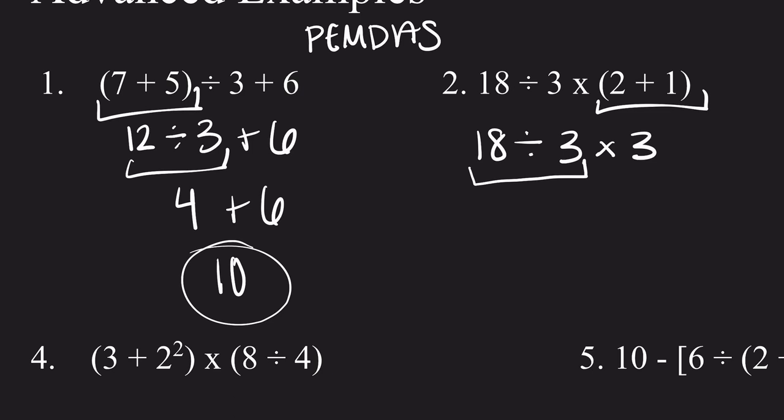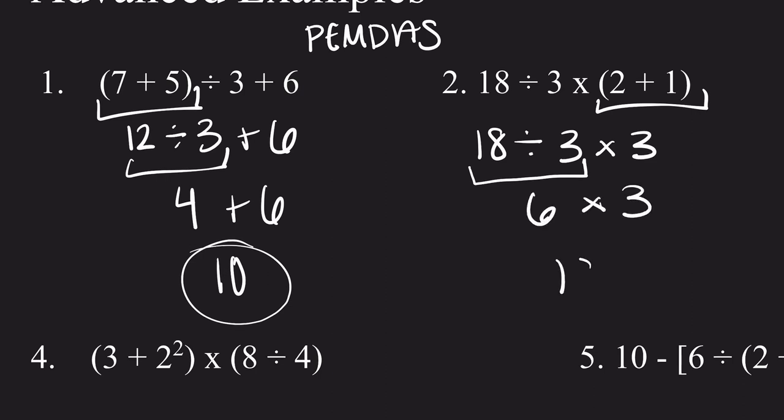So again, because we have just division and multiplication, and kind of in our order of operations, those are kind of equals, we're just going to work from left to right. So 18 divided by 3, 6 times 3 is 18. All right.